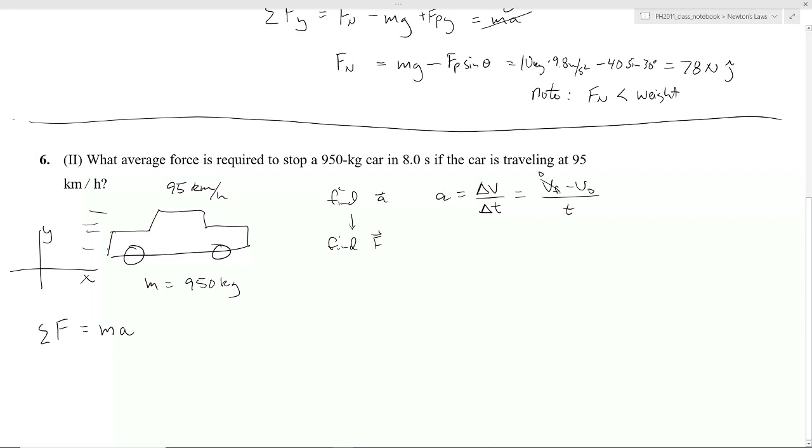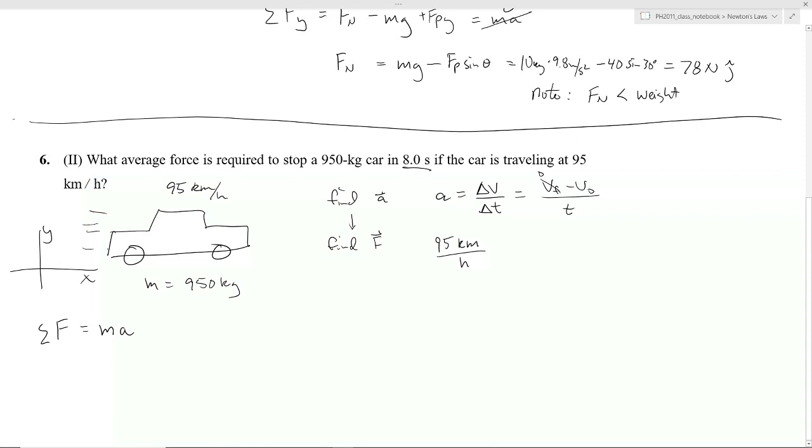So the velocity that we start with divided by the time, the 8 seconds. Now notice 95 kilometers per hour is sort of a weird unit. We're going to need to convert that kilometers per hour into meters per second. So let's do that first.